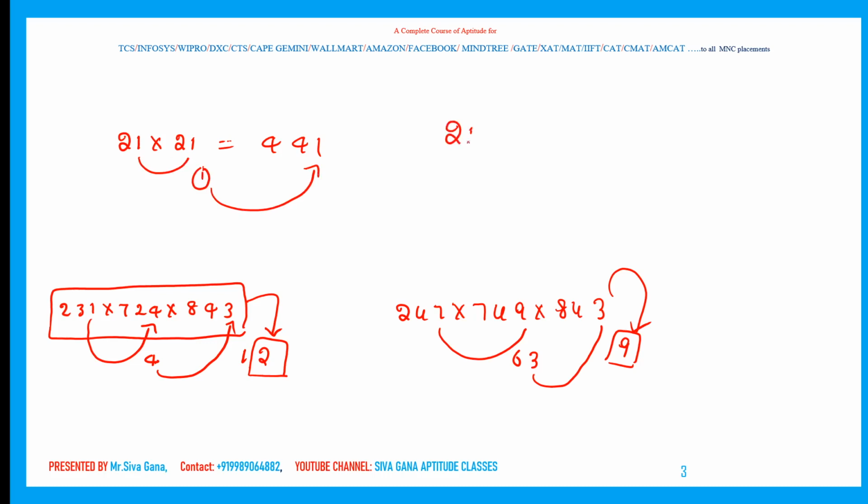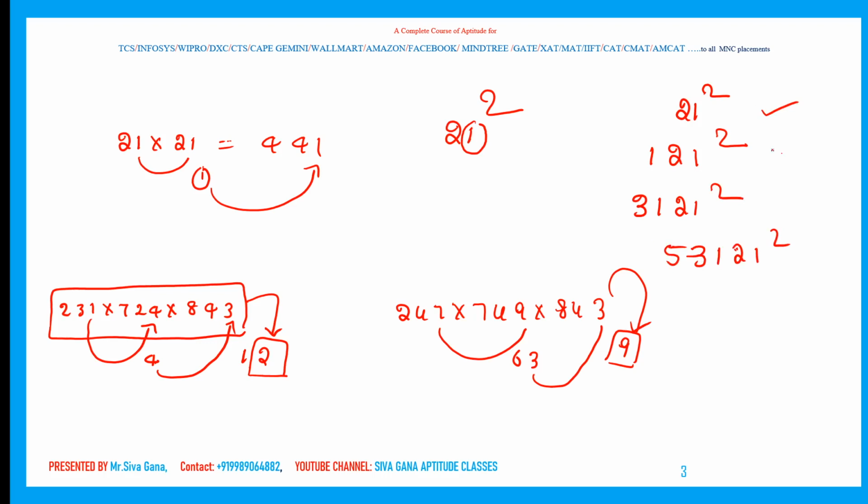So 21 square, if the number is given in this format, it is enough to consider only this digit. It means the unit digit of 21 square, the unit digit of 121 square, the unit digit of 3121 square, the unit digit of 53121 square, for all these the unit digit is same.